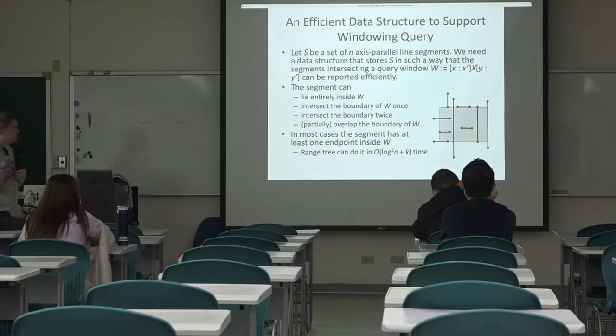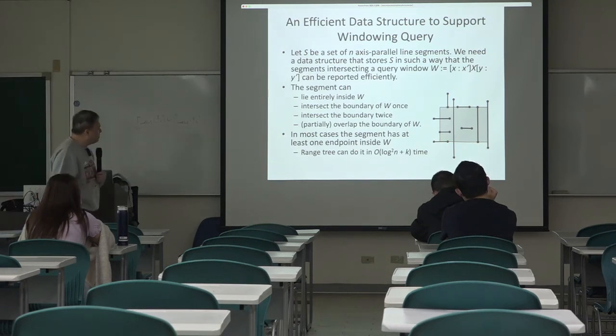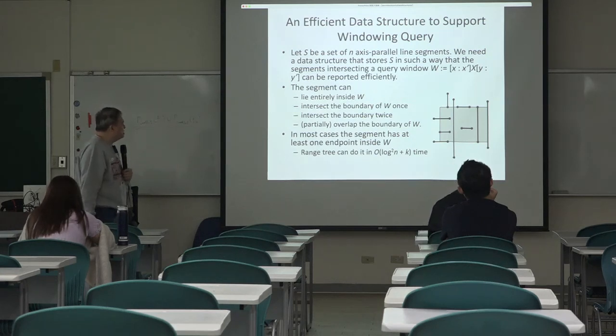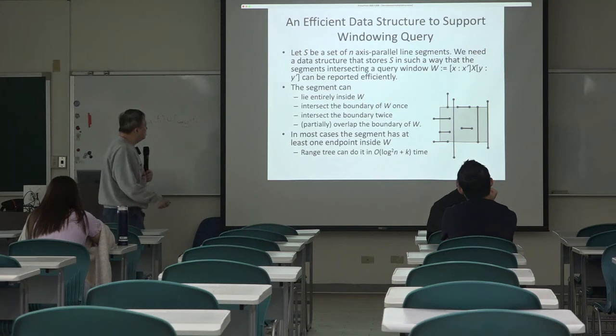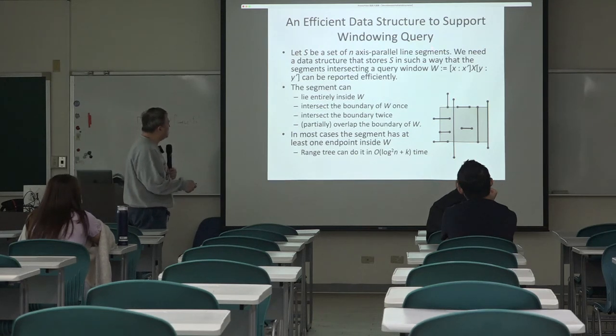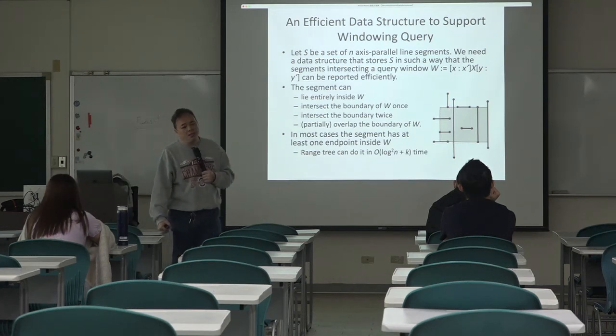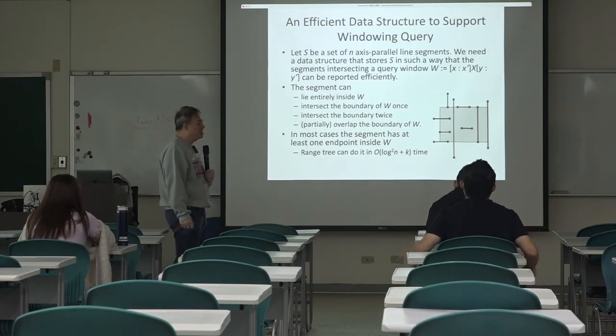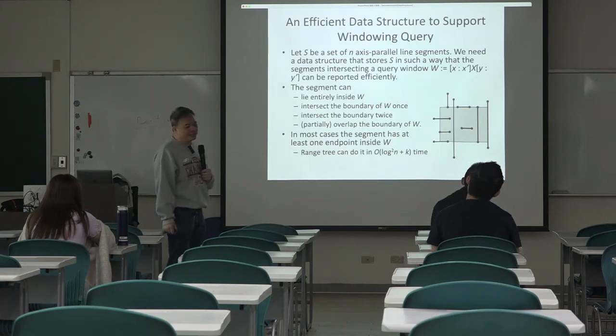If you look at this problem, you may say, well, every time you do a window query, you will be given x prime and y prime, right? The x range and the y range. So you may wonder, how about I just, for every segment, test if this segment is inside this region or not?